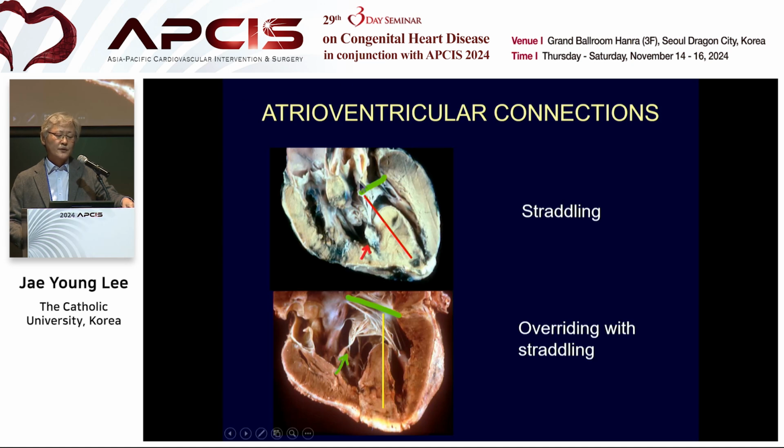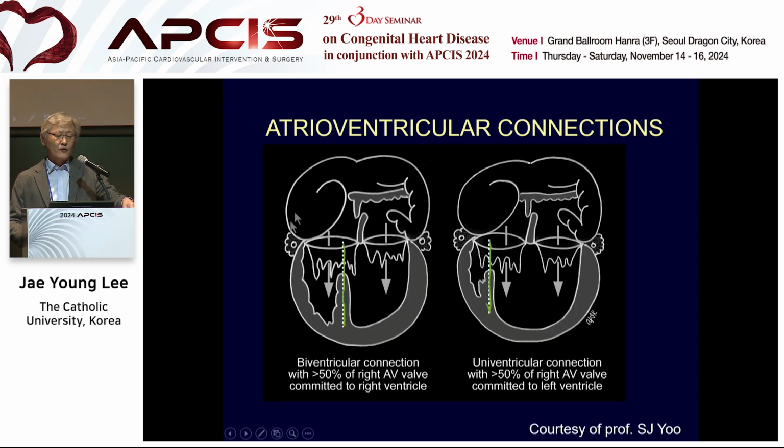AV connection is usually well arranged, but in this case the AV connection is overriding, and also chordae tendineae attached to the other ventricle, so overriding and straddling. Overriding AV connection is defined by the so-called 50% rule. If the AV valve is more committed to this ventricle, this is biventricular connection. In this case, the AV connection is overriding, but the major part is connected to this ventricle, so this is univentricular AV connection.